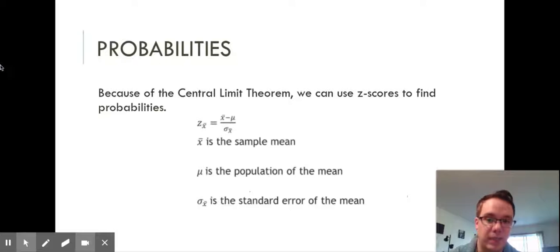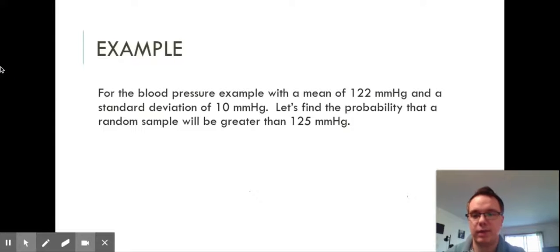Remember, our data points are now means, so it's just going to be our mean minus our distribution mean. But instead of using our distribution standard deviation, we're going to use the standard error when we're talking about sampling distributions. All right, go ahead and write this example down. I'm going to pause here so you can write it down, and then just hit play when you are ready.